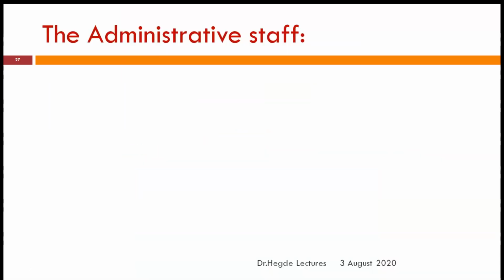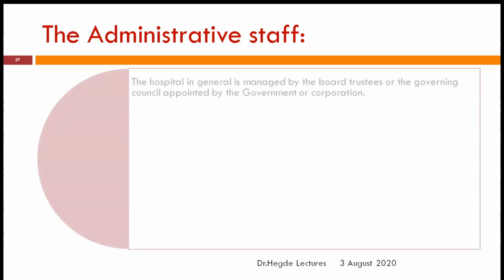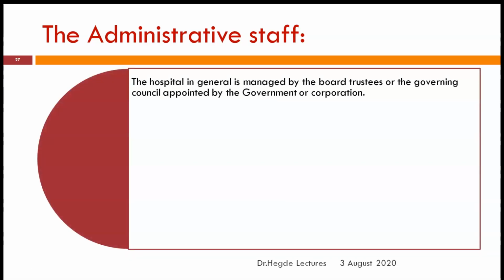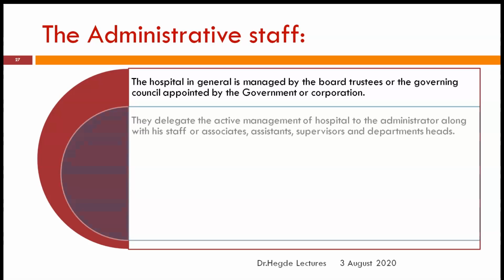Now, let us understand one by one the different types of services of different people. Firstly, the administrative staff. The hospital in general is managed by the Board of Trustees or the Governing Council appointed by the government or corporation. They delegate the active management of the hospital to the administrator along with his staff or associates.